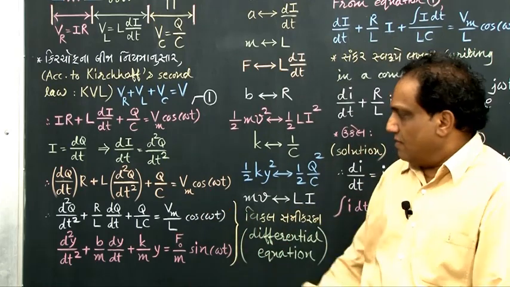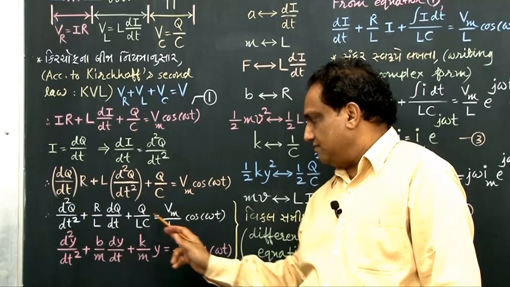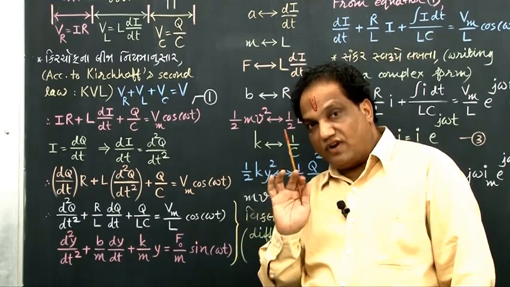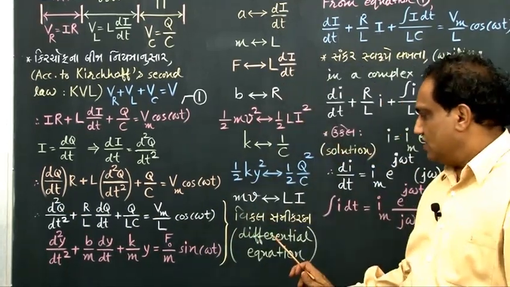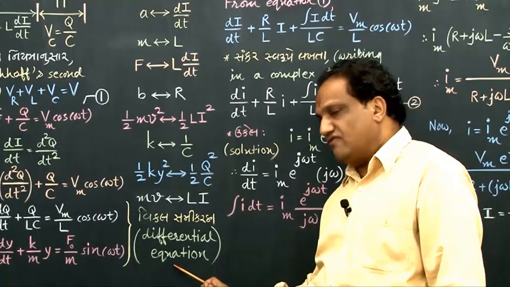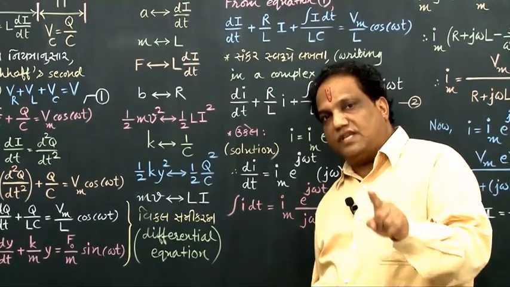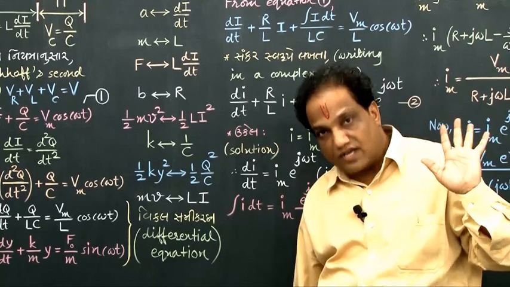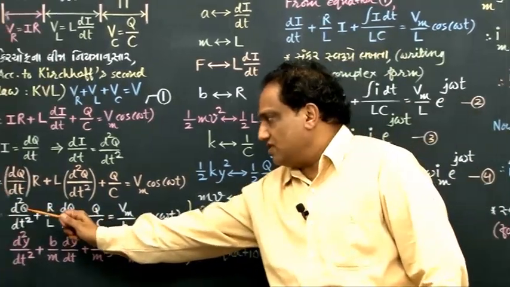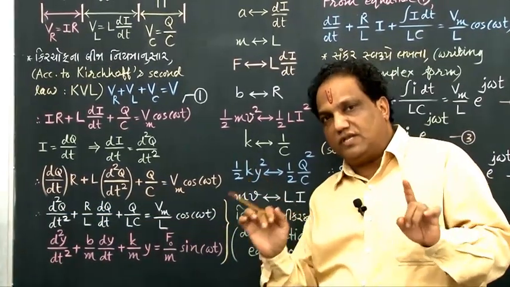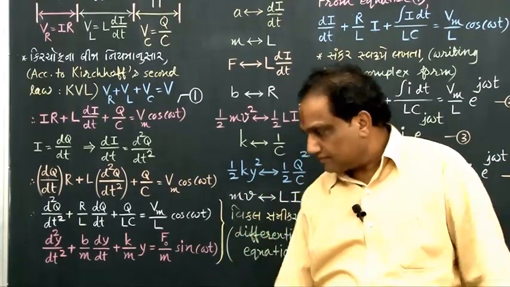Correct? My dears, such an equation is known as a differential equation. What is it called? Differential equation for given series RLC AC circuit.